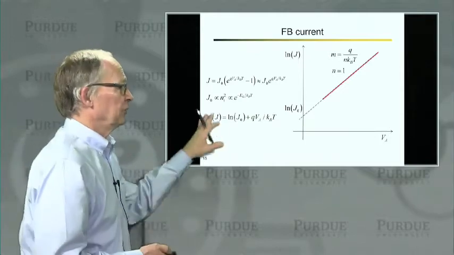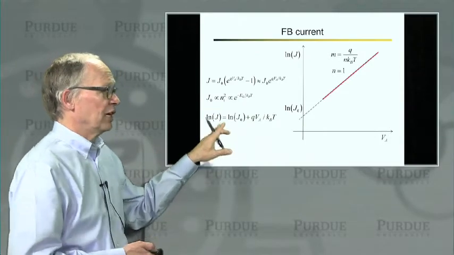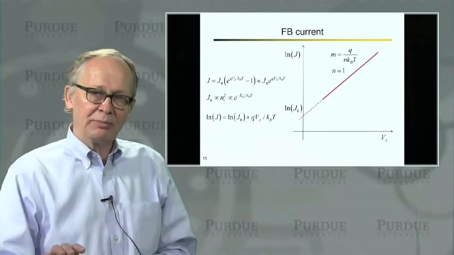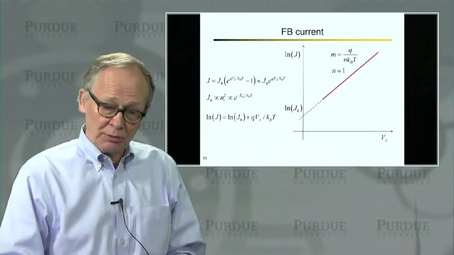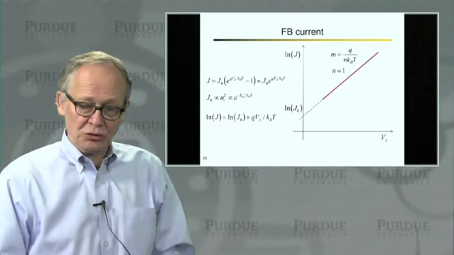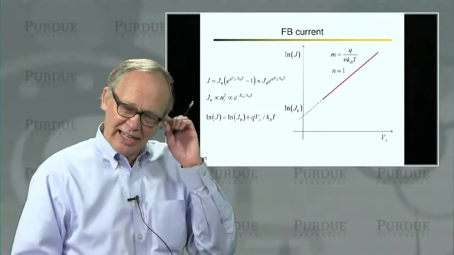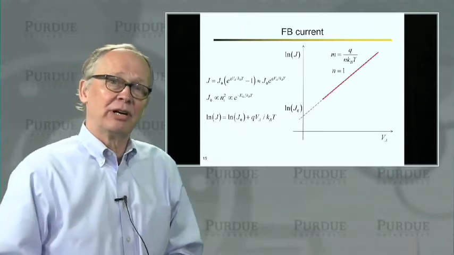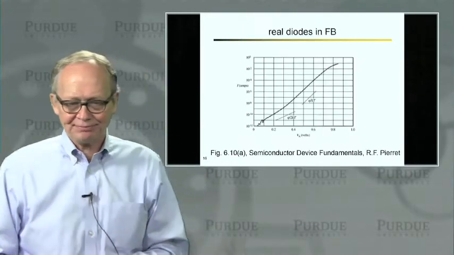And the intercept of this plot is just J0. So if I plot my forward biased IV characteristic on a log plot, I can use it to deduce what J0 is for this particular diode, and I can see if the slope is right, I know that I'm described by an ideal diode equation.